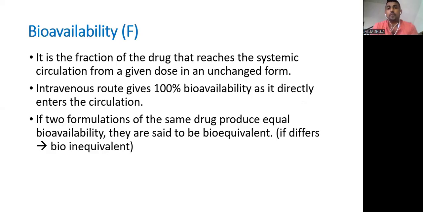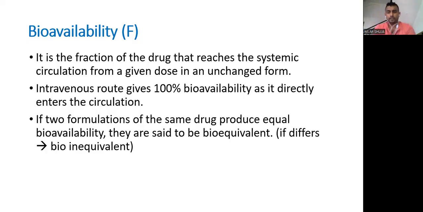So what is bioavailability? Bioavailability is denoted by capital F. It is the fraction of the drug that reaches the systemic circulation from a given dose in an unchanged form.